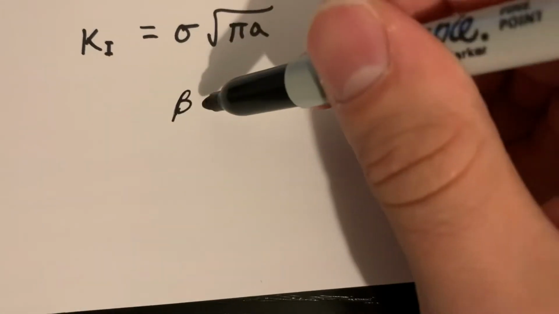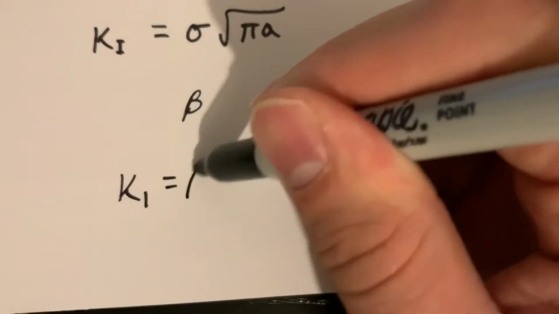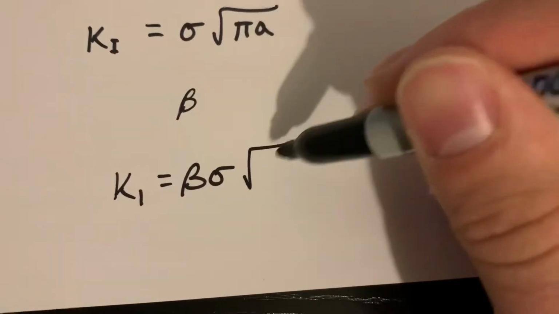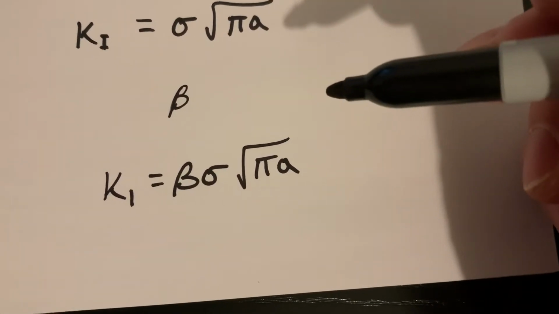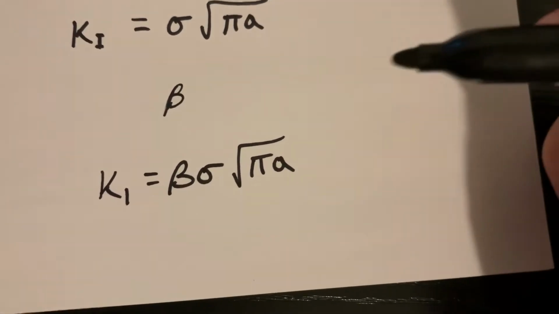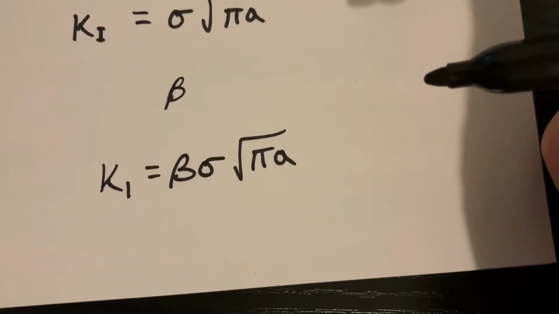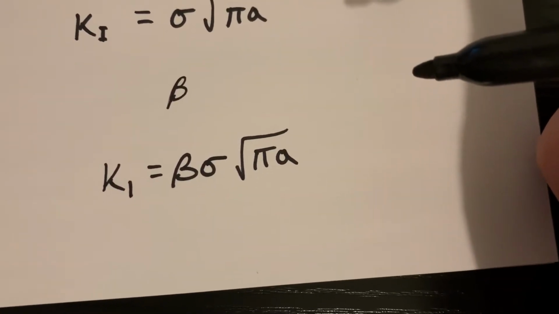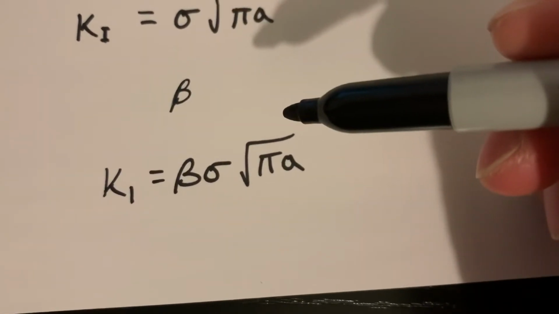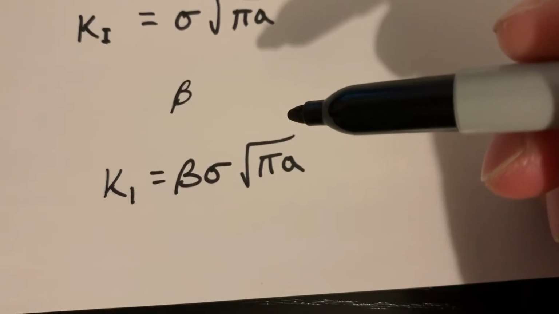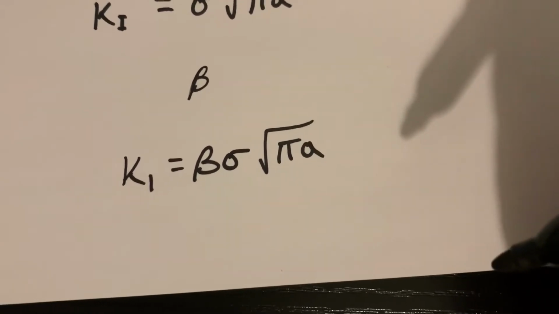The modification factor is signified with beta, and so the equation becomes beta sigma square root of pi A. And the stress intensity modification factor is for various loads and geometric configurations that we might run into, and tables for beta are found in the book, and figures 5-25 to 5-30 present common configurations.